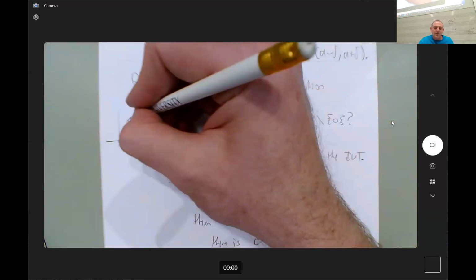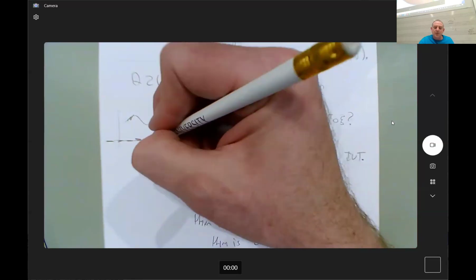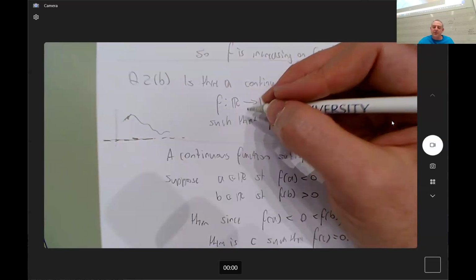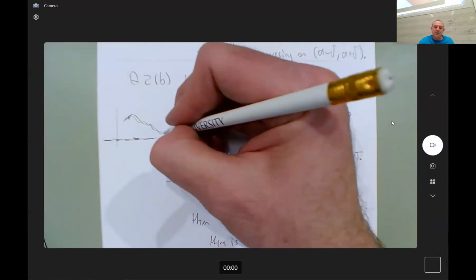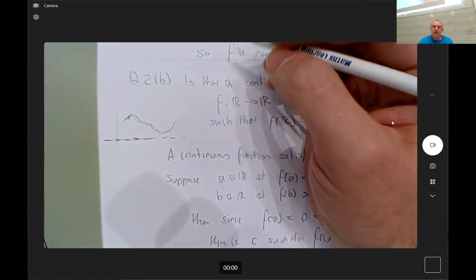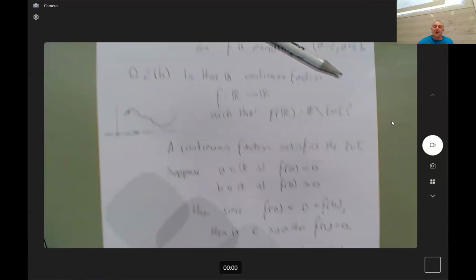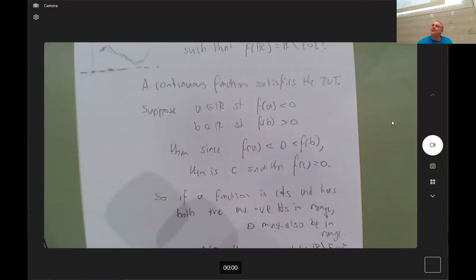It would have to not be able to cross the x-axis because it can't be 0. And if it's continuous, you would have to draw a continuous line that doesn't cross the x-axis, which means it would have to all be positive. And then I thought, oh yeah, if it's on both sides, it has to cross the x-axis. So that was my thought process, but not in those words.